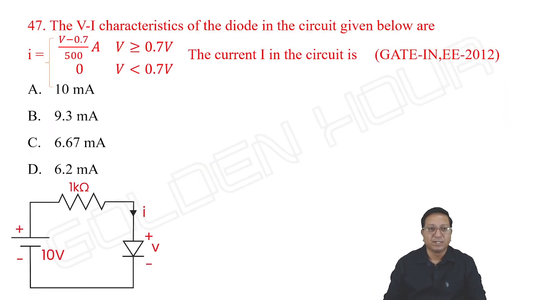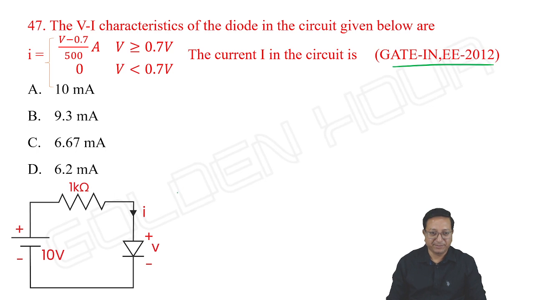See this question. The VI characteristics of the diode in the circuit given below are I is equal to V minus 0.7 by 500 amperes for V greater than or equal to 0.7 volts and is 0 for V less than 0.7 volts. The current I in the circuit is, a question asked in the instrumentation and electrical papers.